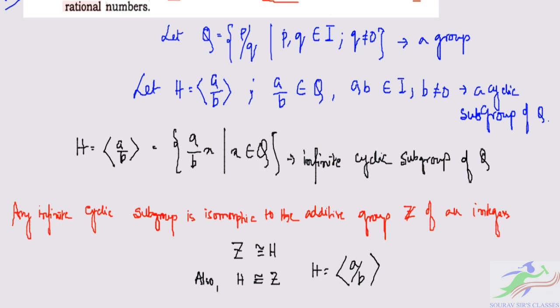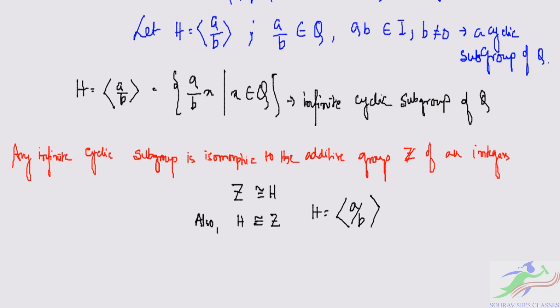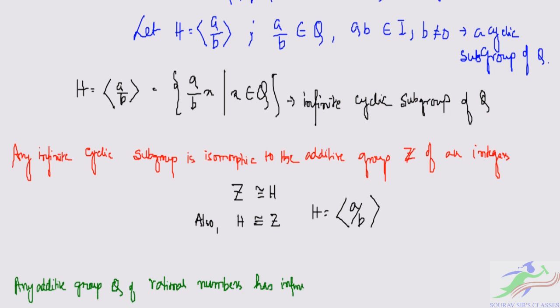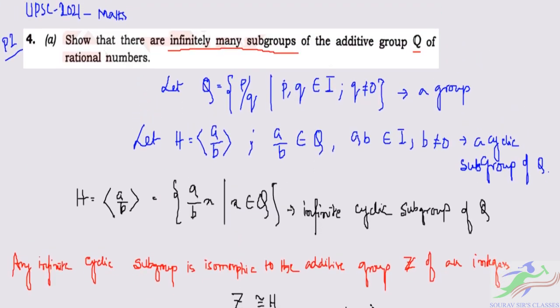So the main answer we will write in this way: the additive group Q of rational numbers has infinitely many subgroups. So this solves question 4 part A.